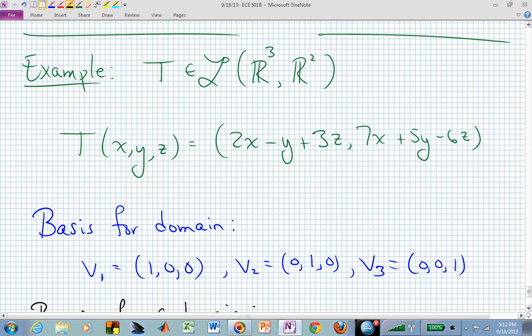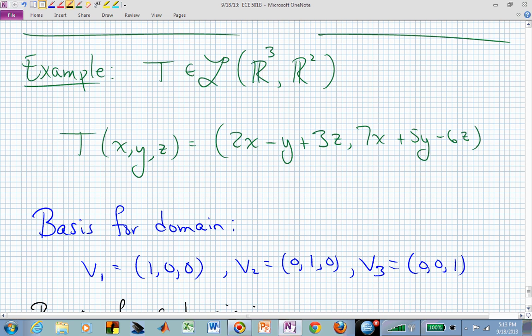And V sub 1 was (1, 0, 0). x is 1, y is 0, z is 0. So we come over here with those x's, y's, and z's, and that builds up a 2 vector. For V1, just forget the y's and the z's, those are 0, and it will give me (2, 7).